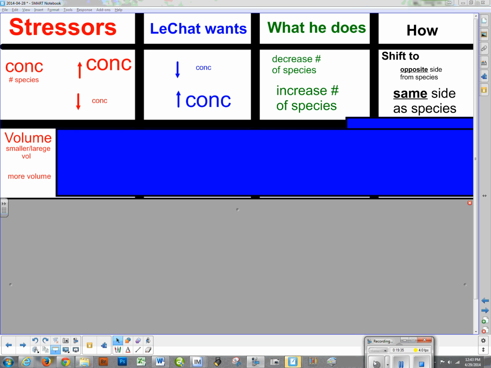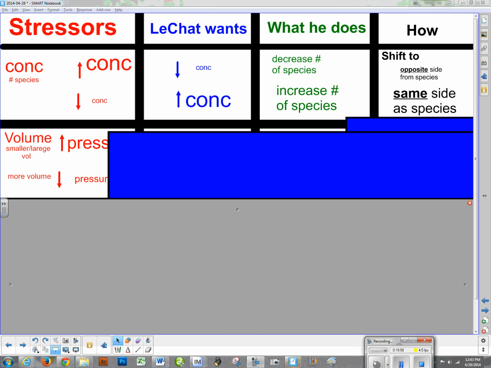Volume. When we change as a stressor, when we change the size of a vessel, we're going to change the pressure. And so we're going to treat this as a pressure change. But when the volume gets smaller or larger, the pressure will also get smaller or larger.